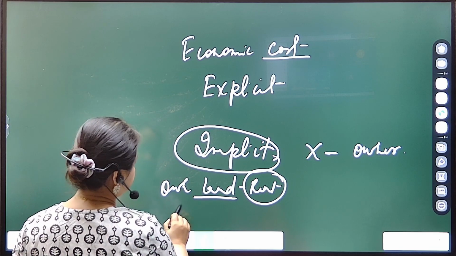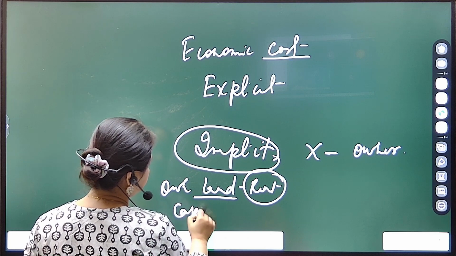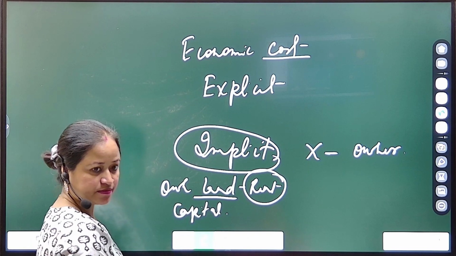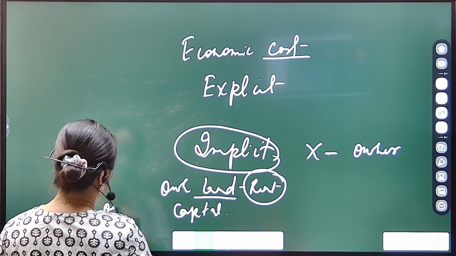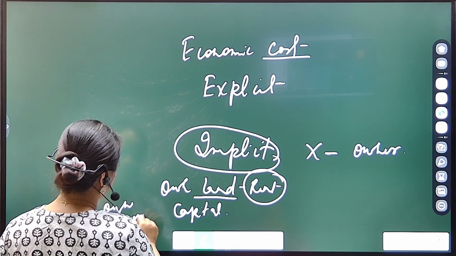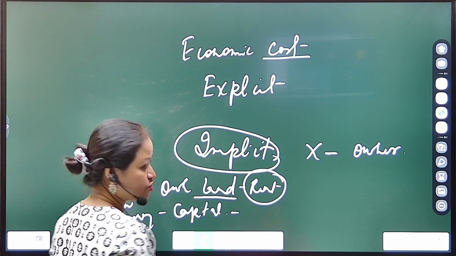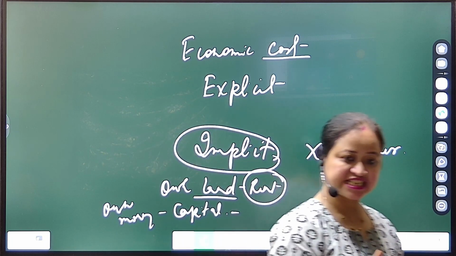He is also providing money into the business, his own money in the form of capital. Okay, so that is his implicit cost.